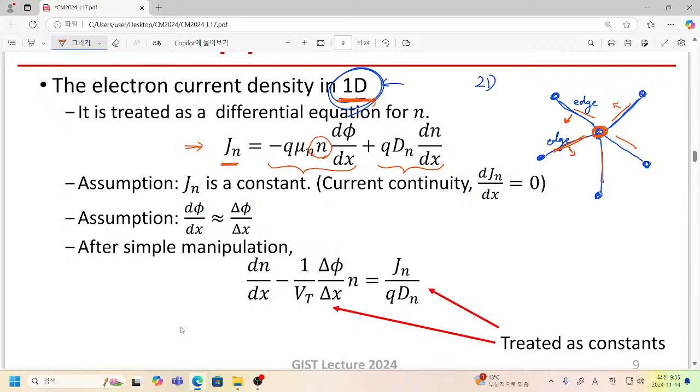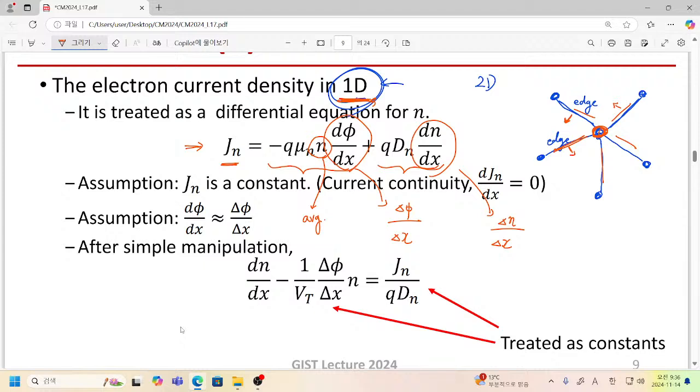The n was taken as the average electron density, and it was taken as delta phi over delta x. And how about this dn over dx? Also, we just consider dn divided by dx. That was our previous implementation.